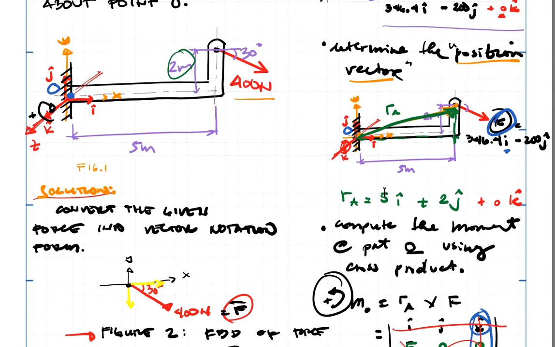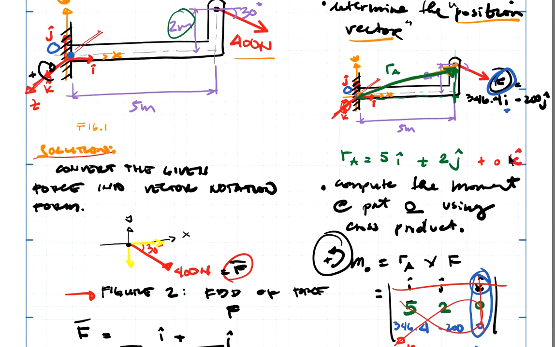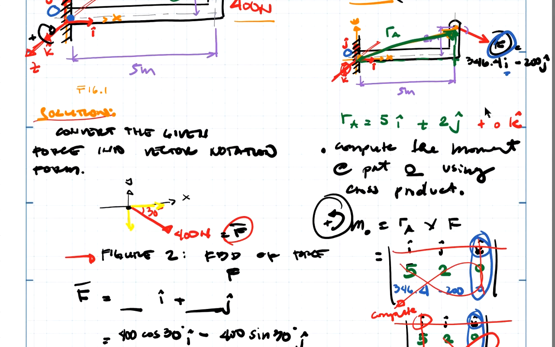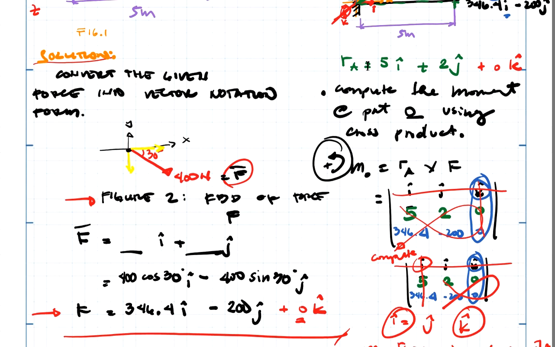So we have both positive I and J, and we also add 0 to show the IJK components. But again, we can also omit the K part here. I just wrote the 0 part to show the cross product when we compute the moment at point O, since we need the IJK to do the matrix.